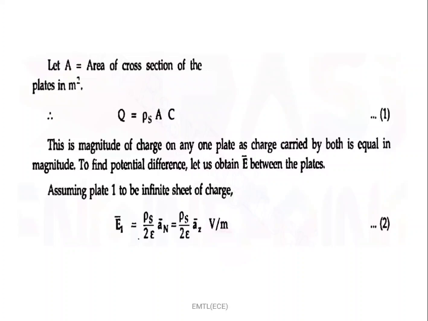Why? Because here plate 1 is along the z is equal to 0 plane. That means the electric field intensity E1 for plate 1 is along the direction az bar. So E1 bar is equal to rho s by 2 epsilon az bar volt per meter.